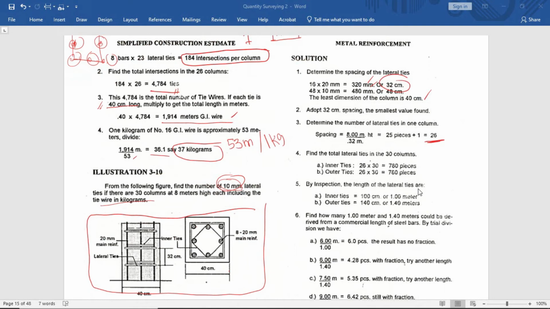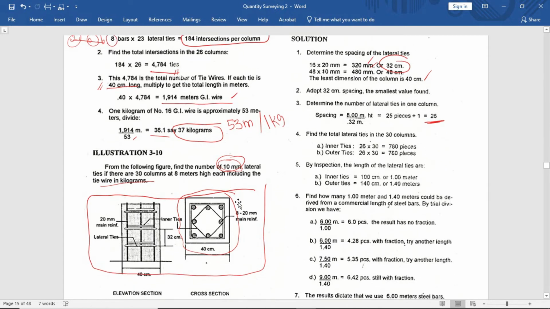Balik tayo ulit doon sa figure. Analyze nyo na yung column natin is may inner ties and outer ties. So, double ties yung column natin. May outer, tsaka may inner ties. So, hanapin muna natin yung total lateral ties.